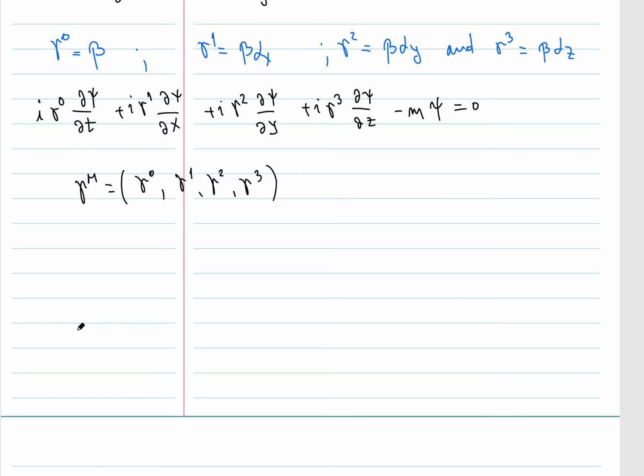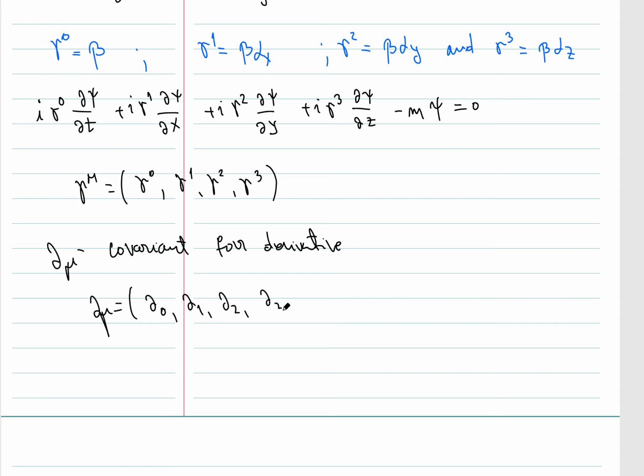And we can write also the gamma mu with the covariant four-derivative, which is partial of mu: partial of 0, partial of 1, partial of 2, partial of 3, where partial of 0 is partial of t, and partial of i would be partial of x i.